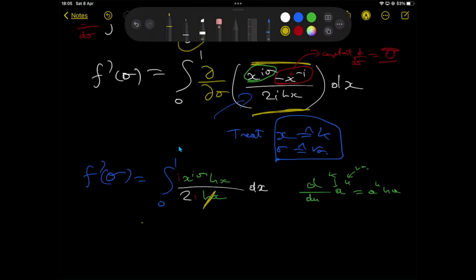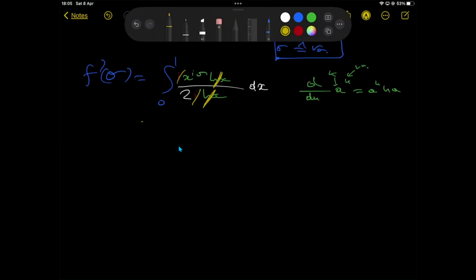We can cancel the ln x with the ln x and the i with the i. You're left with f prime of sigma equal to the integral of one half x to the i sigma dx.